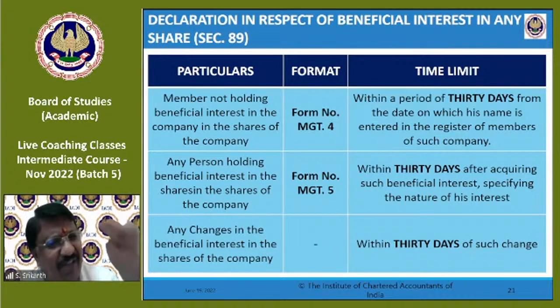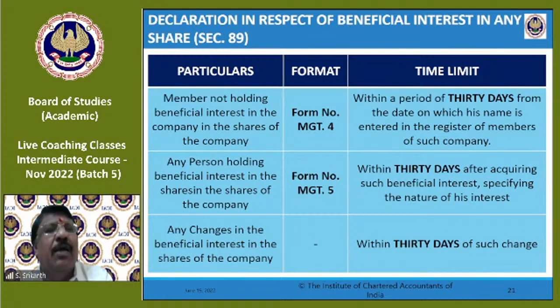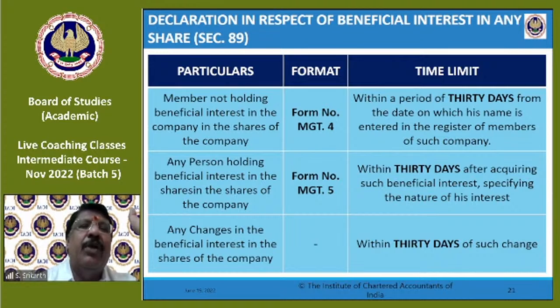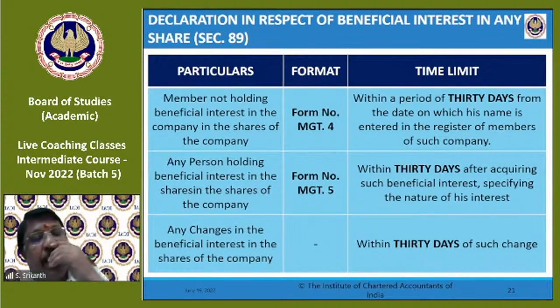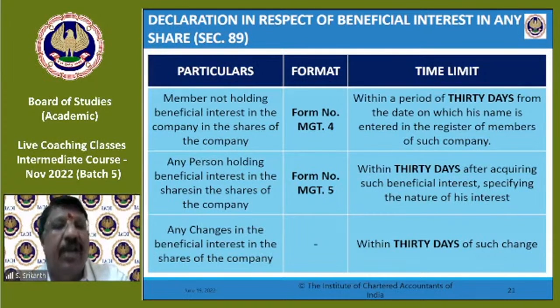Nobody will do it. Finally, when they get caught, they will be violating section 89. To my knowledge, no benami will come and say, I am not having beneficial interest. But later on, in any investigation, we discover that he is only a benami. Then under 89, we will ask him, hey, why have you not given your declaration? That is why this section is there.